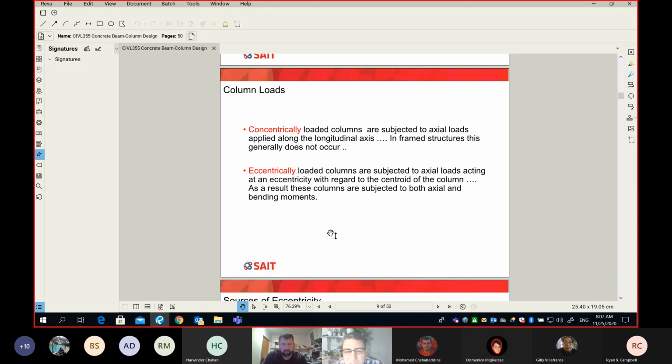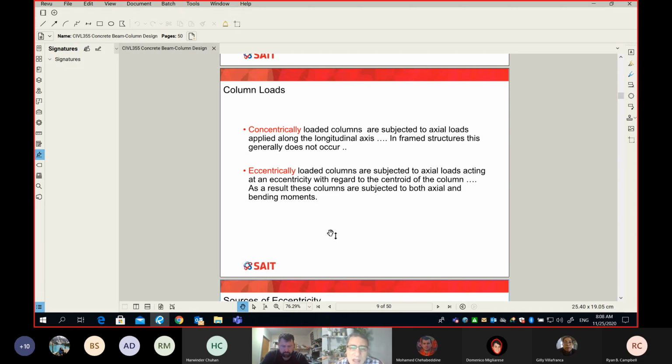So just to remind you, the columns have classification, so many actually. One of them is where the load is being applied. If the load is applied at the center of the gravity or the centroid of the cross section, then we call this column centric, and the entire cross section will have uniform stress.